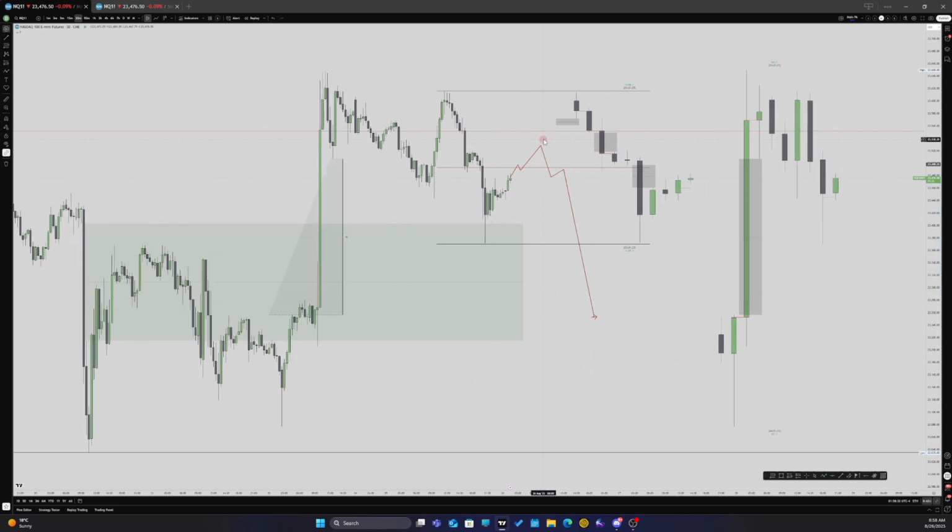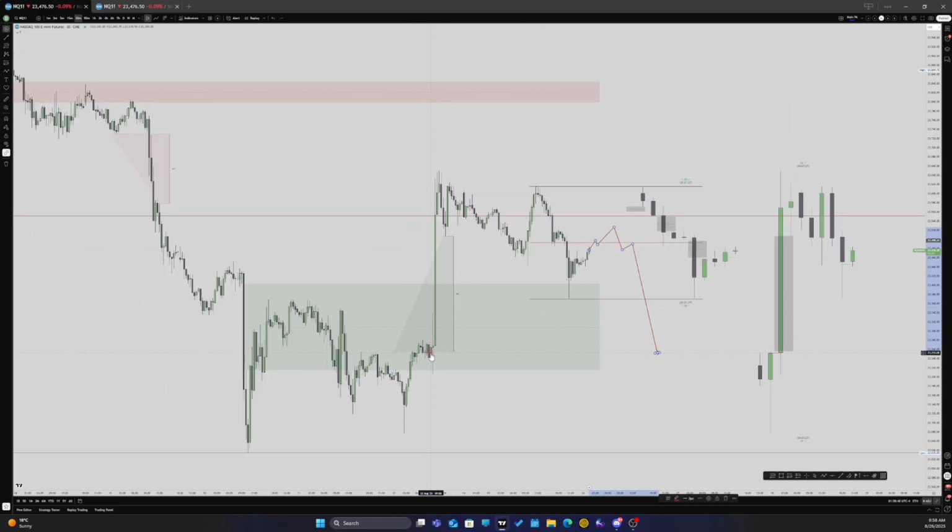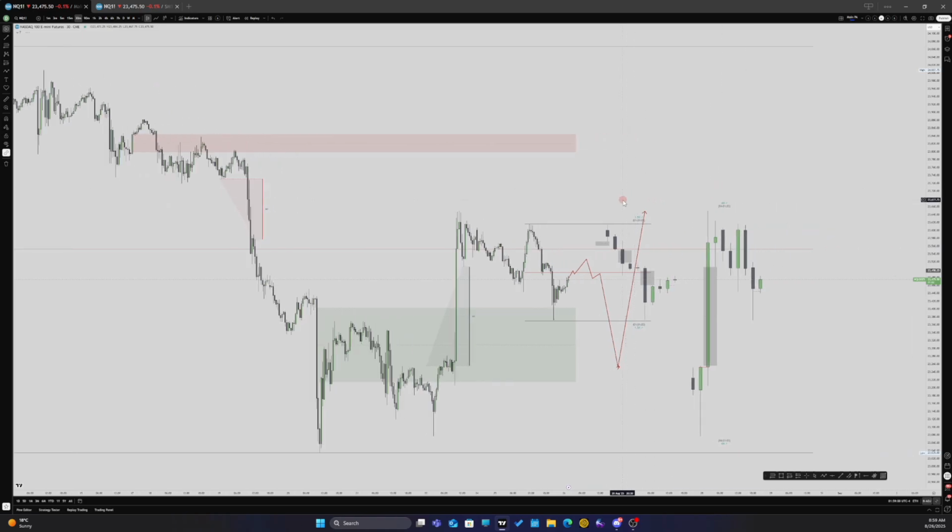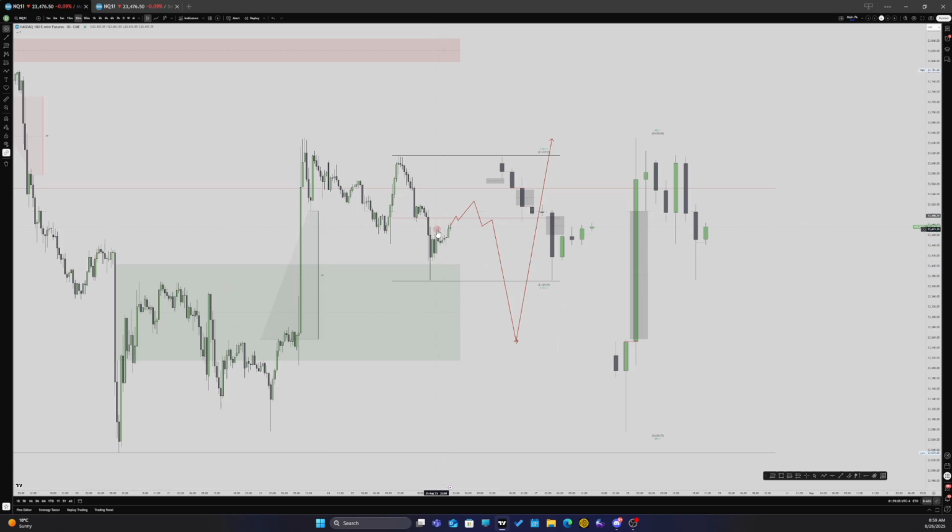So that would be for the sells. Just filling this gap, maybe without closing beneath it, and then later on in the day it goes back up. That's another possibility.